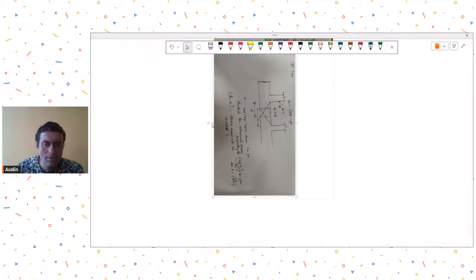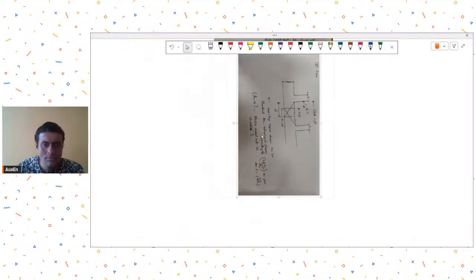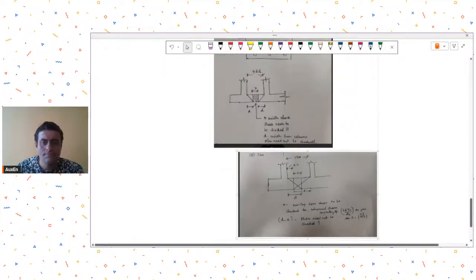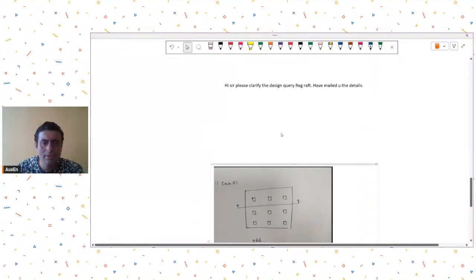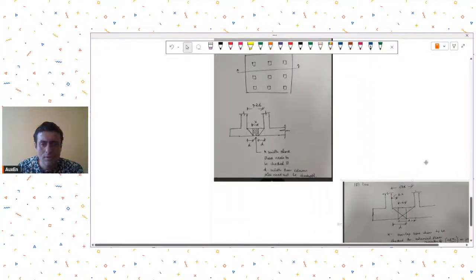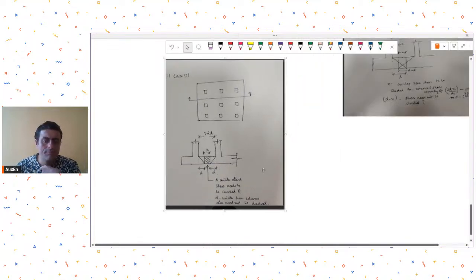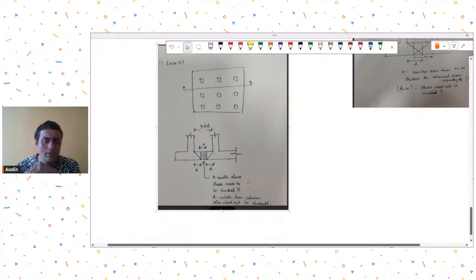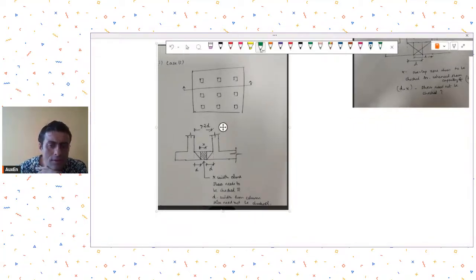How to rotate this? Rotate anti-clockwise. Yeah. His question is shear needs to be checked.